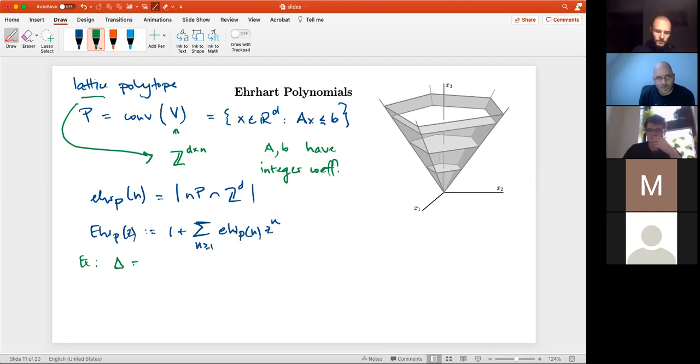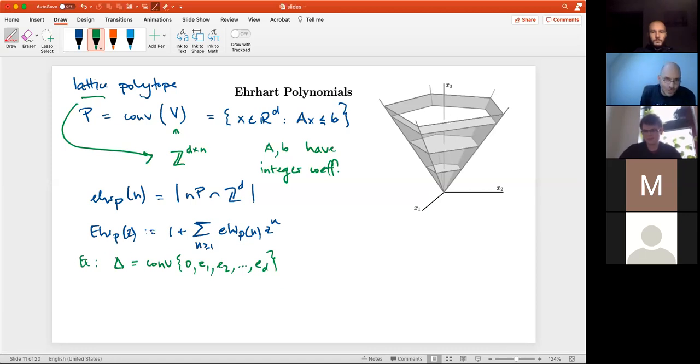In general dimension, this is the convex hull of the origin and the unit vectors e1, e2, ..., eD.